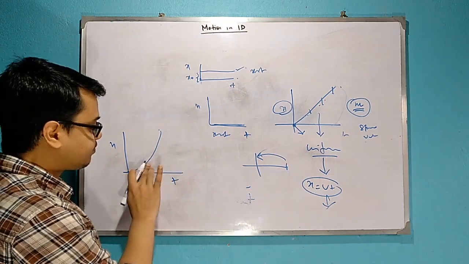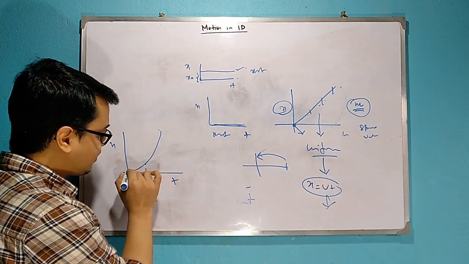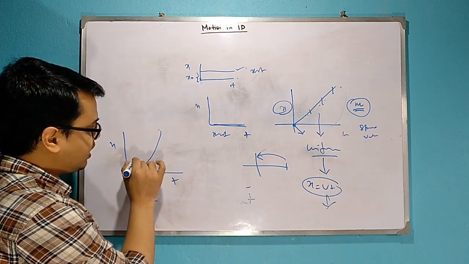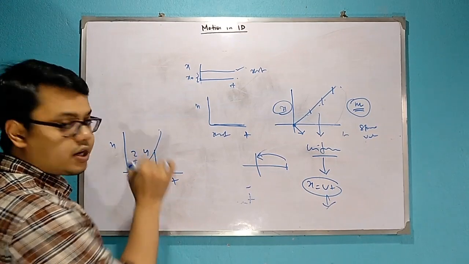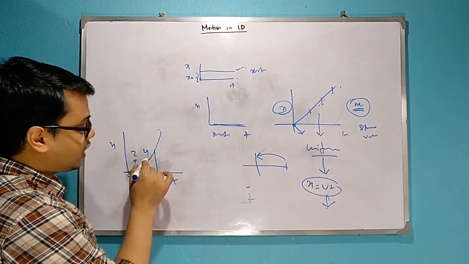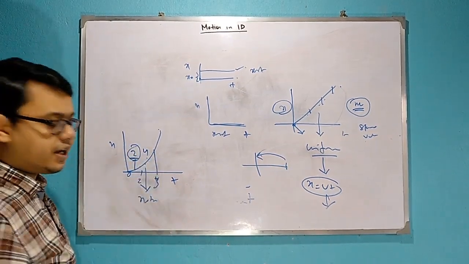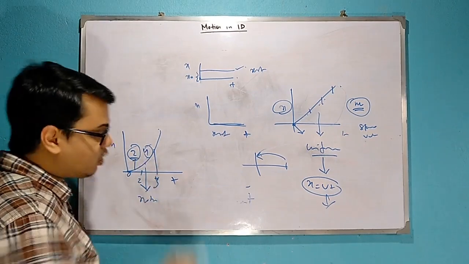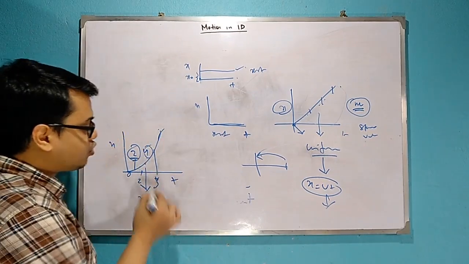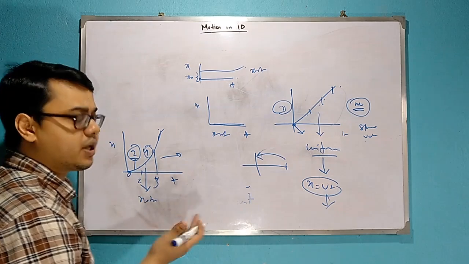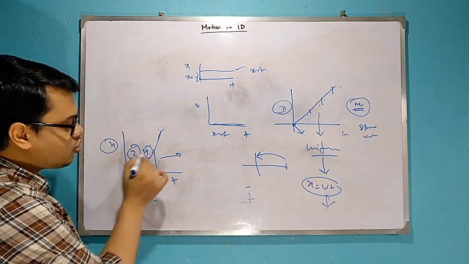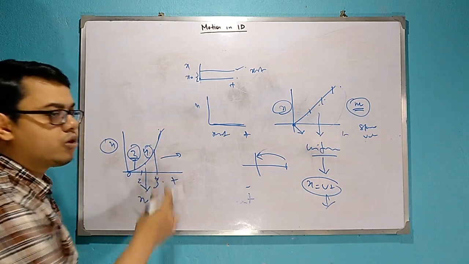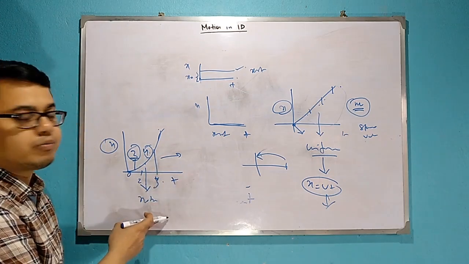Suppose from 0 to 1 its rate of change of x was 2, and from 2 to 3 it was 4, and suppose here it is changing at rate 6. So velocity is not the same. The rate of change of x is the velocity. It is not the same in the time intervals, so velocity is not the same. That means it is a non-uniform motion.